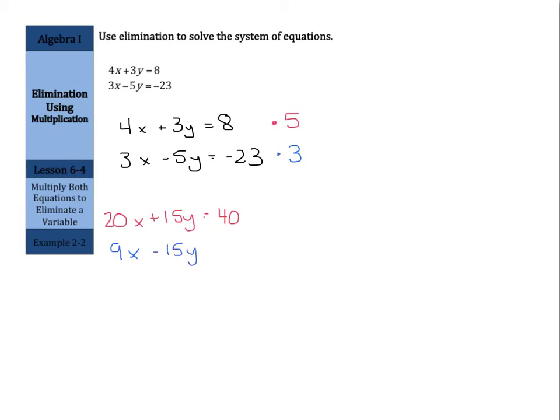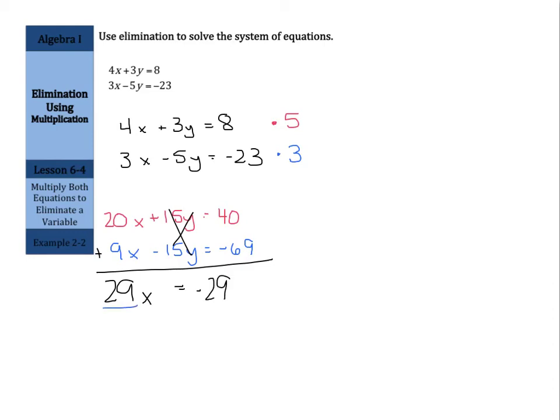And 3 times -23 is -69. Now, if we look to add these equations together, 20x plus 9x is 29x. The plus 15y minus 15y eliminates, and 40 minus 69 is -29.